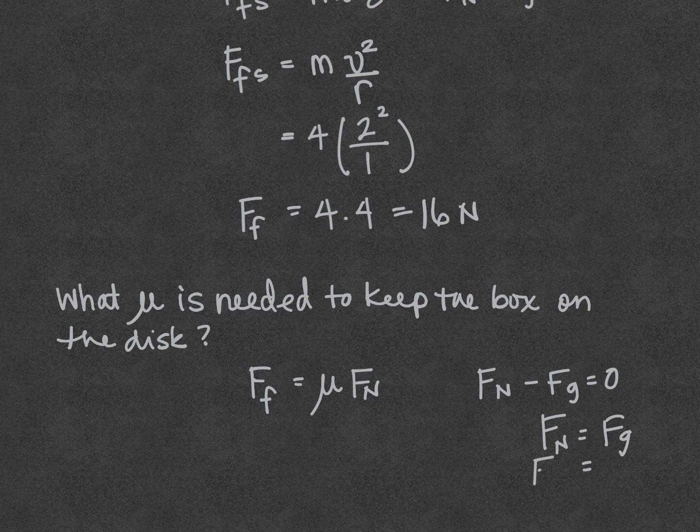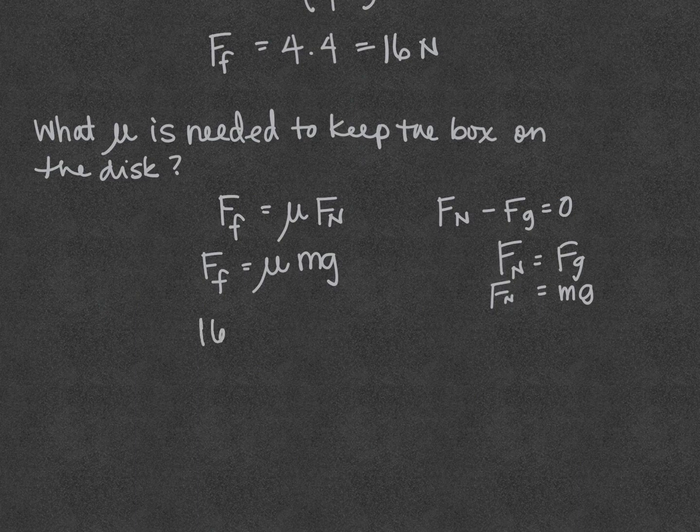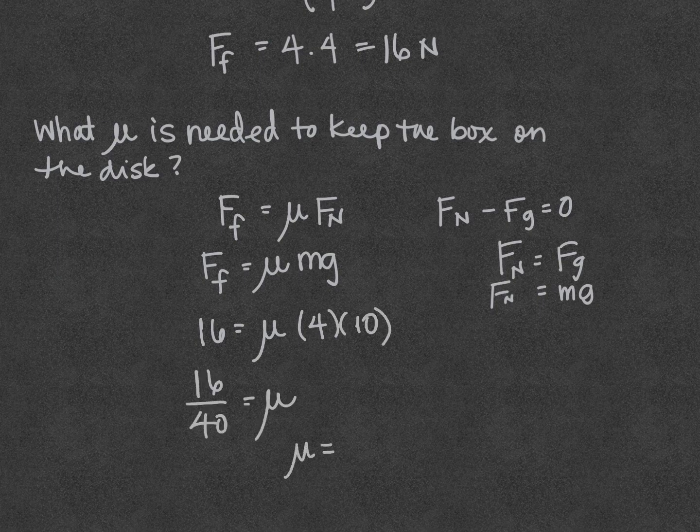So the normal force is equal to m times g. So now let's substitute that. So our force of friction is equal to mu times mg. So we have 16 equals mu times mass, which is 4, times g, which is 10. So then our coefficient of friction is 16 divided by 40, which is 0.4. And remember, mu, or the coefficient of friction, does not have a unit.